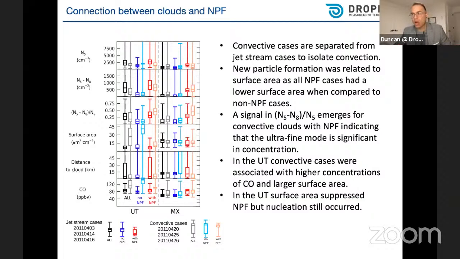Now, CO does not cause particle formation, but there may have been other trace gases, other stabilizing vapors mixed with the CO originating from the boundary layer that could have stabilized the particle formation process. So CO is being used as a surrogate for boundary layer vapors in the study.